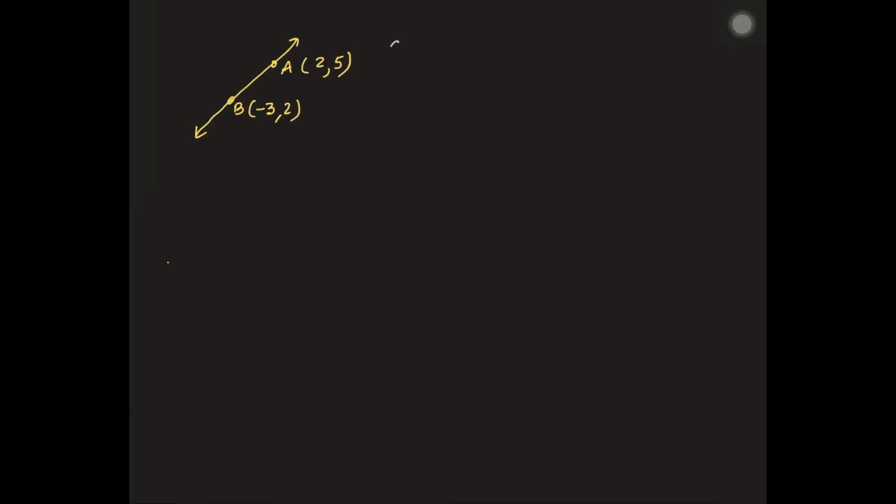Number 1, figure out the slope. Slope equals (5 minus 2) divided by (2 minus -3). Remember, if you have a negative sign, change it into positive because you have 2 negative signs. So we got 3/5. So slope is 3/5.